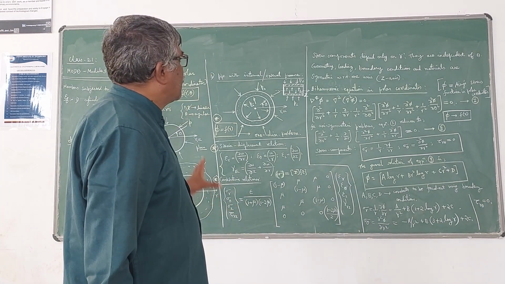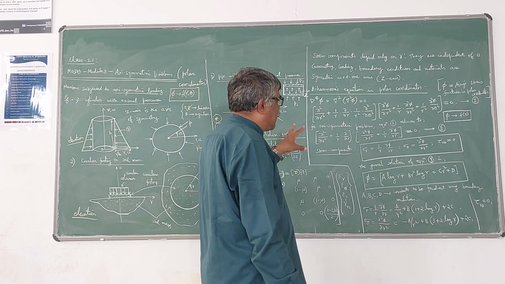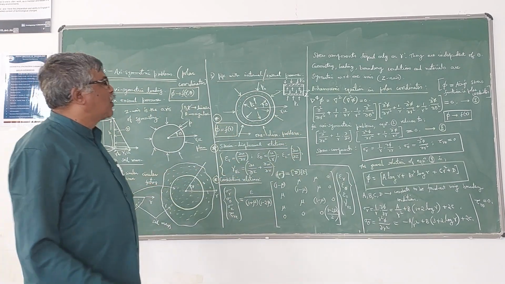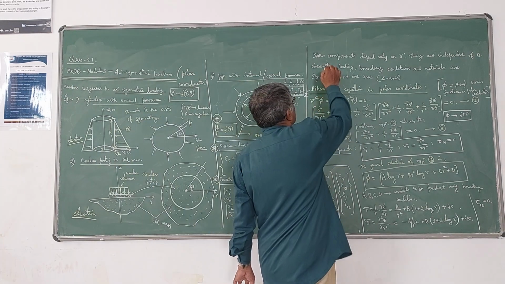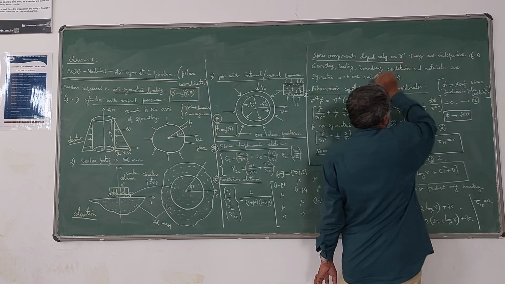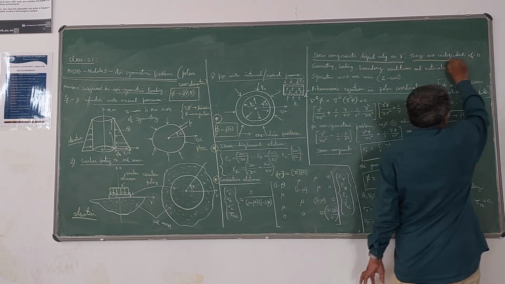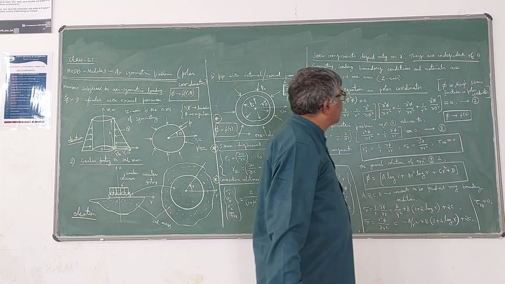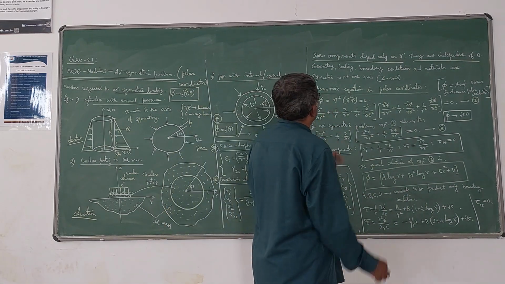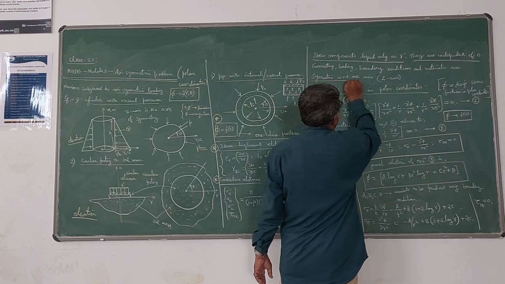Okay. Now let us see what happens to this in the case of an axisymmetric problem. In the case of axisymmetric problems, stress components depend only on r. That's what I told. They are independent of theta. They don't contain theta terms. Geometry, loading, boundary conditions and materials are symmetric with respect to one of the axes.